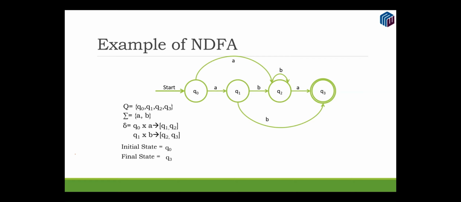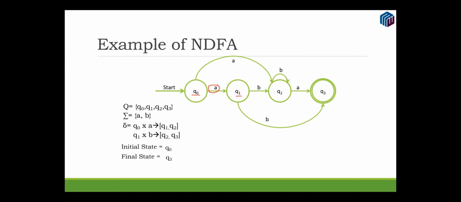Consider the first one: Q0 on input symbol A moving to the state Q1.